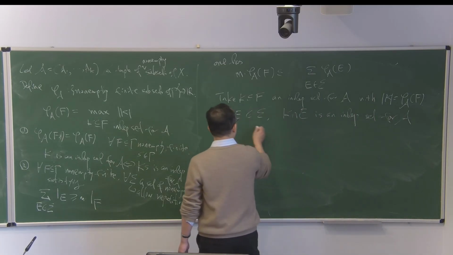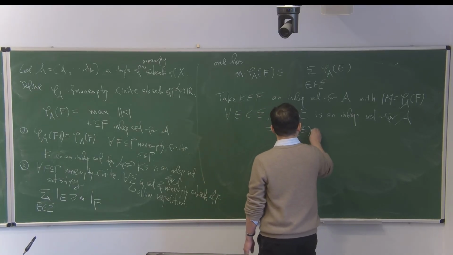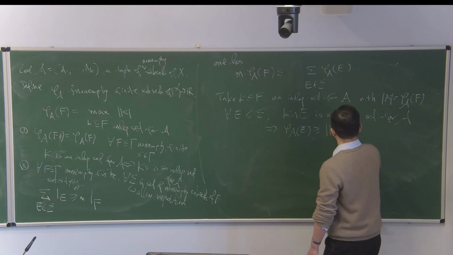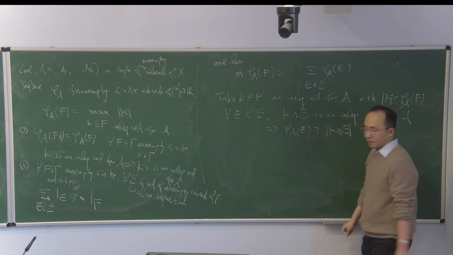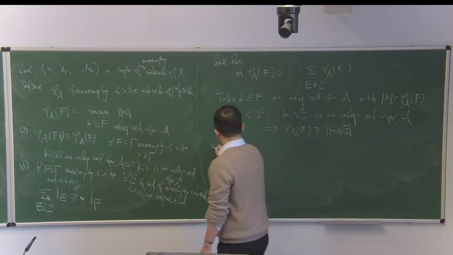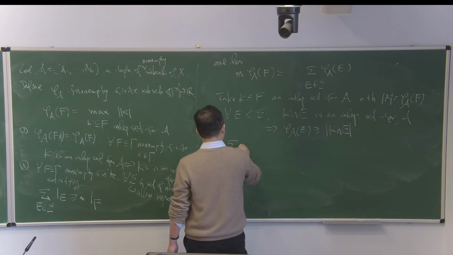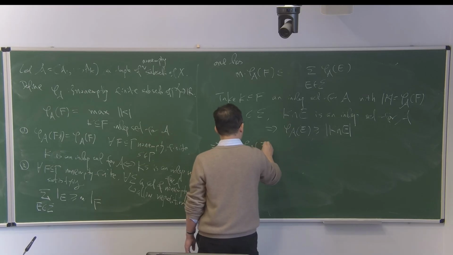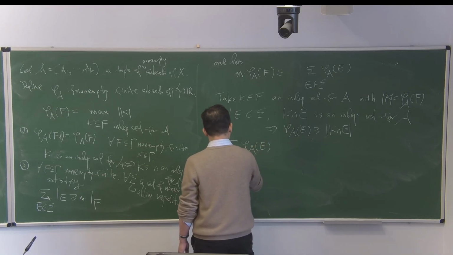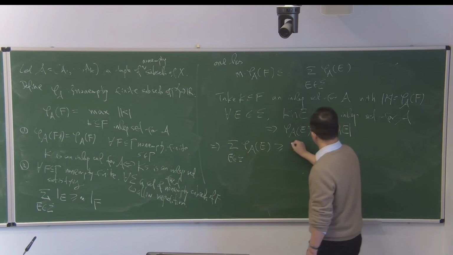But then this tells us that phi of E would be at least the size of this intersection. Then if we take the sum here, this would be at least the sum of the intersections.